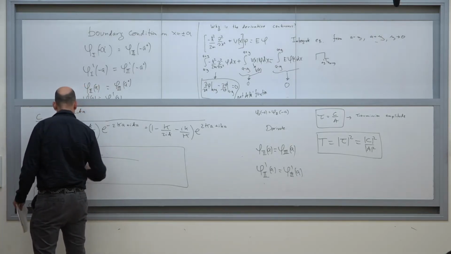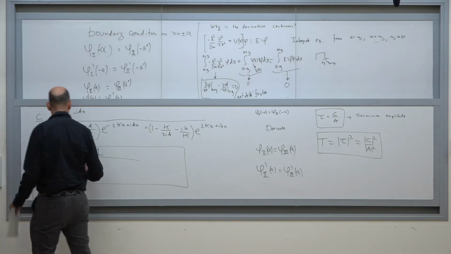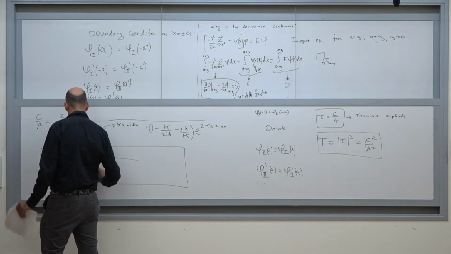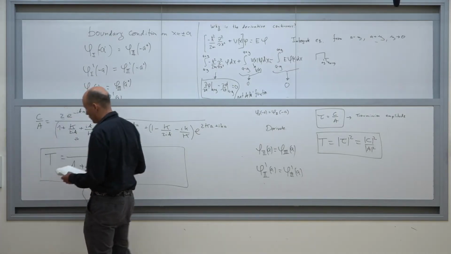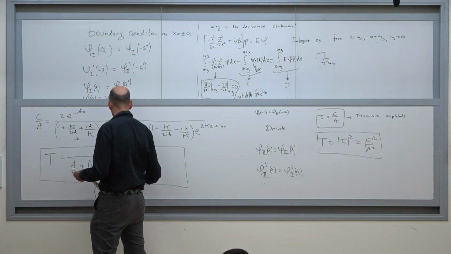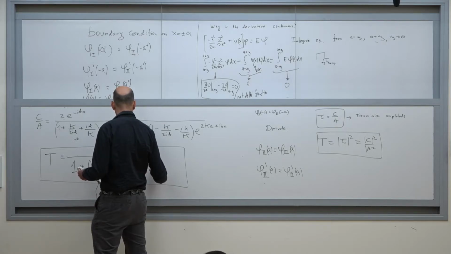It's T = 1 over 1 plus V0 squared over 4E(V0 minus E), where V0 is the size of the potential, times sinh squared of 2 times the square root of 2m(V0 minus E), a over h bar.